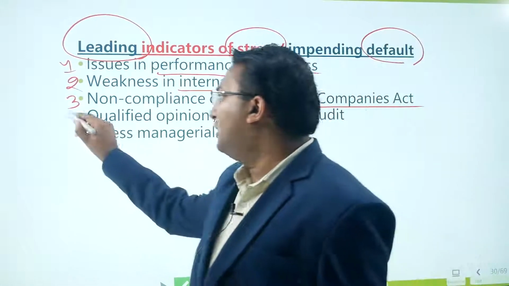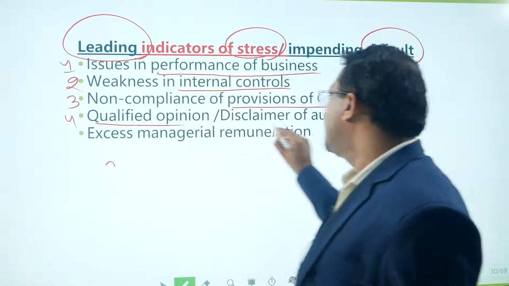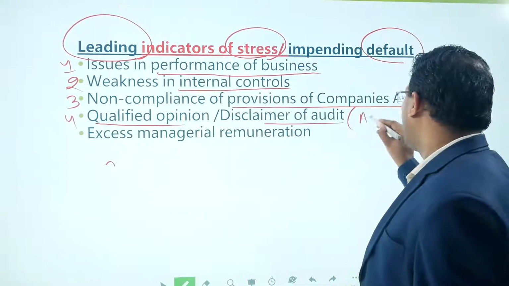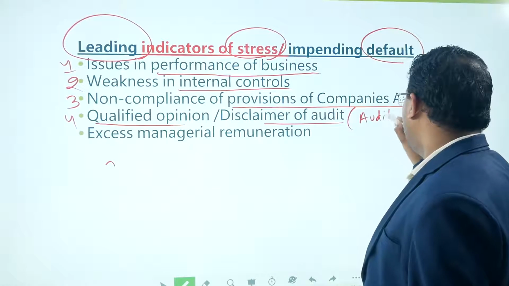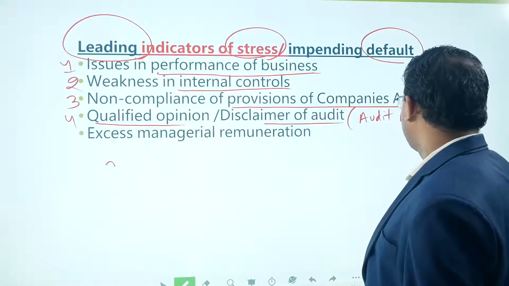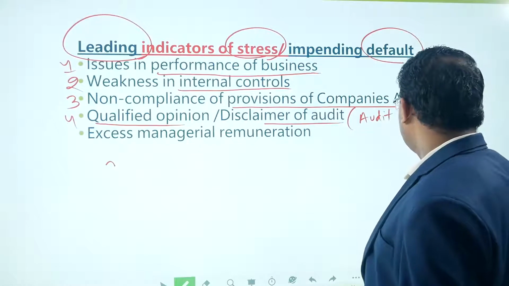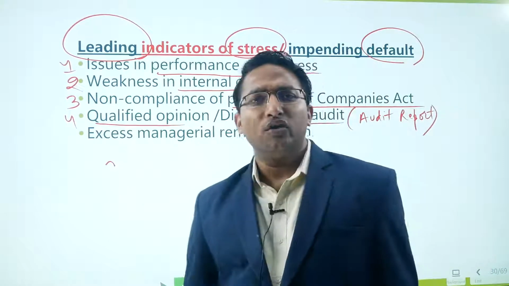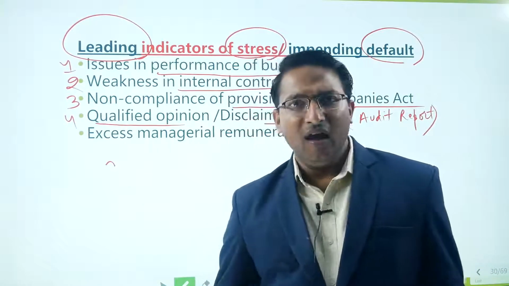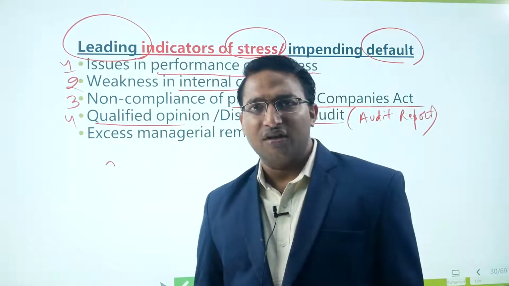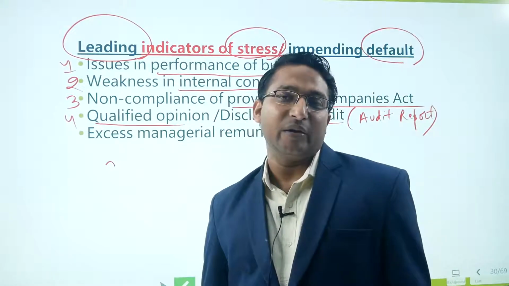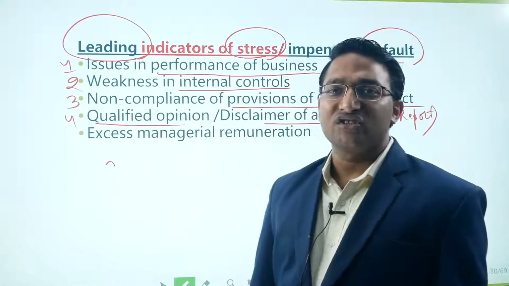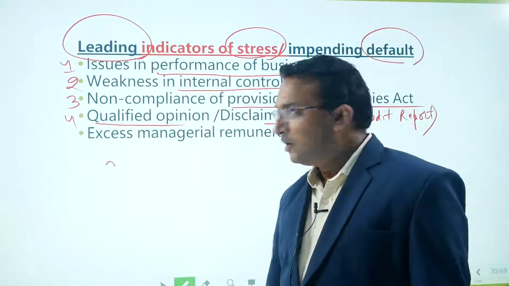Qualified opinion or disclaimer of opinion. So this is basically the kind of audit report which is given by the auditor of the company. Qualified opinion means that the auditor does not agree with the financials, the balance sheet and the profit and loss account of the company. That means the balance sheet and the financial statements are not reliable.